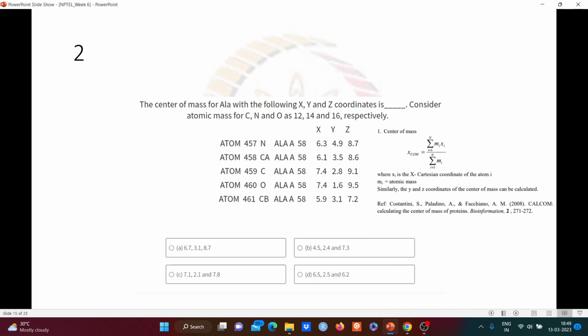The formula is given here, where M corresponds to the atomic mass and X corresponds to the X Cartesian coordinate. Similarly, the formula shows for X, and for Y and Z we can also calculate. I know this requires some calculations, so I'll wait until you finish the calculation.